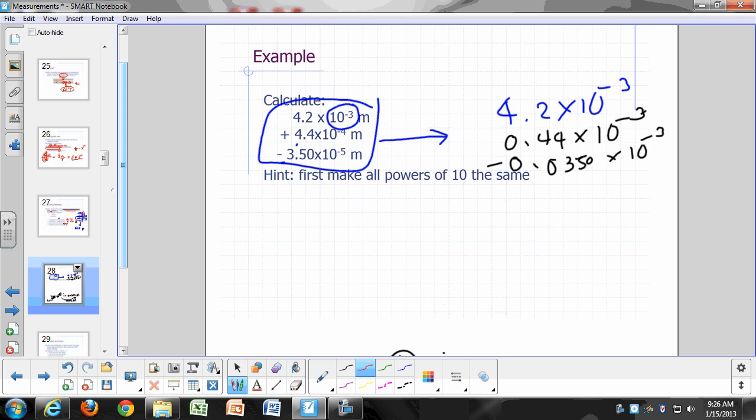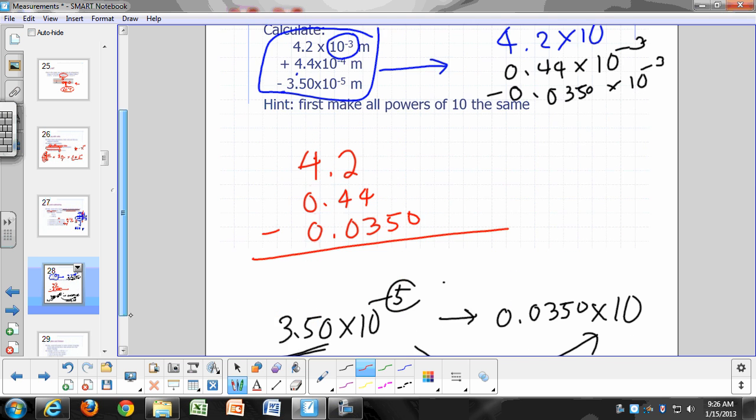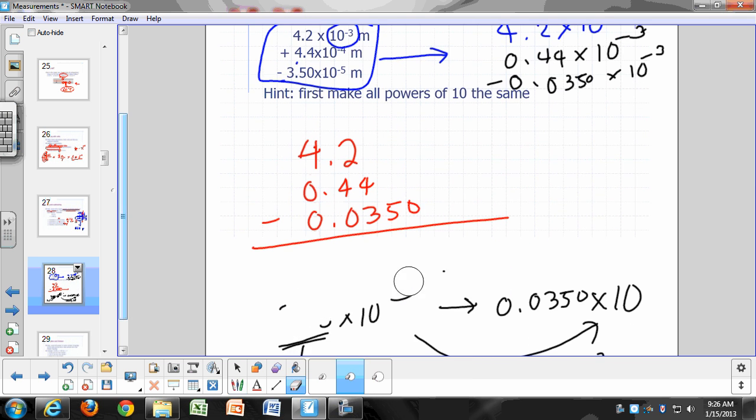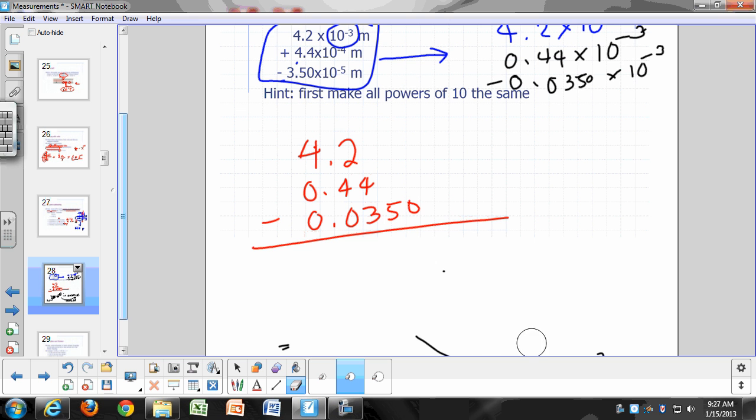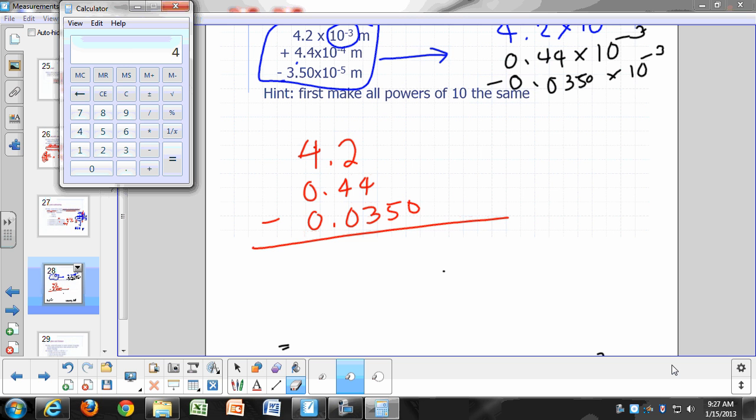You have 4.2, 0.44, and minus 0.0350. Okay. So if you did that, let me pull up a calculator here. 4.2 plus 0.44 minus 0.0350, that's 4.605.